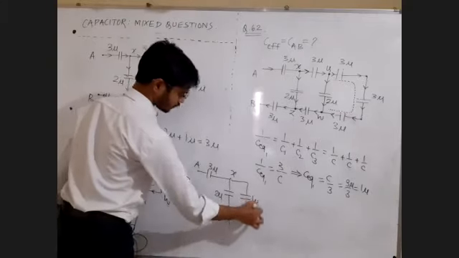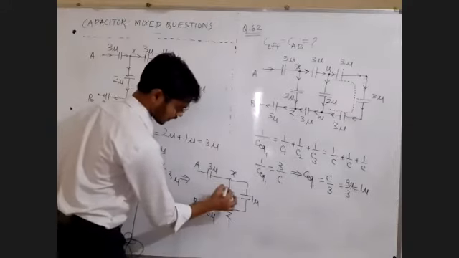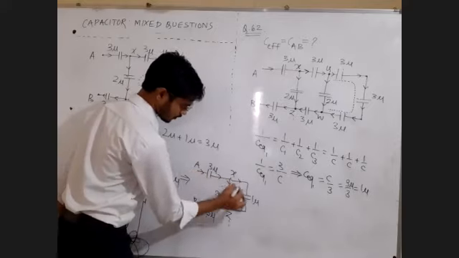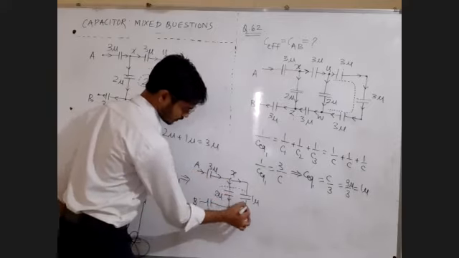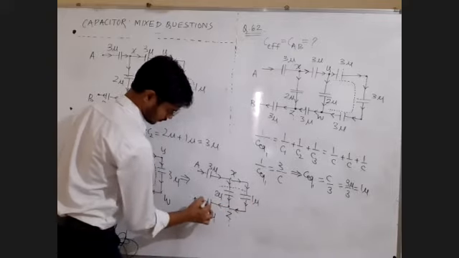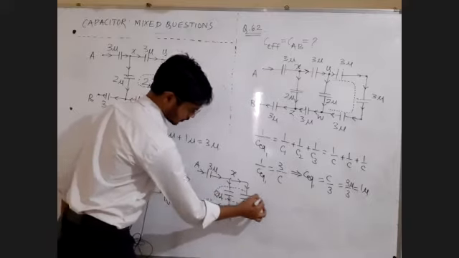This is 1 micro. Now you will again say between point X and Z, these two are in parallel. Again, you can assign the direction of charges and figure out which branches are in series and parallel. So this is going to be the parallel combination.